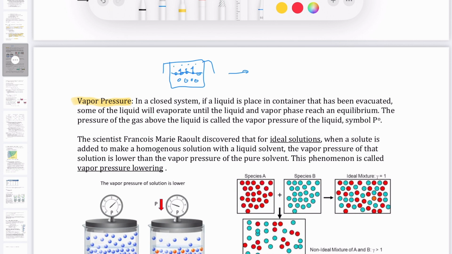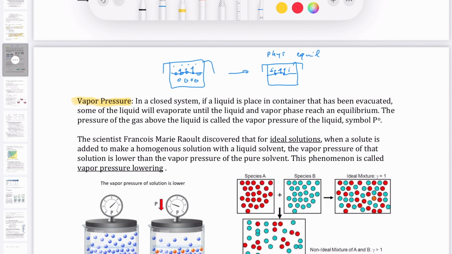If you leave this to happen over time, some of those gas particles will go back to become liquid, while some of the liquid continues to evaporate to become gas, and you reach what we call a physical equilibrium, where the rate of the liquid becoming gas is the same as the rate of the gas becoming liquid.